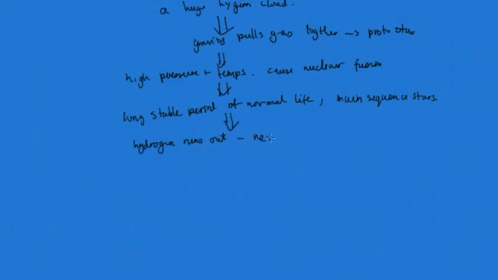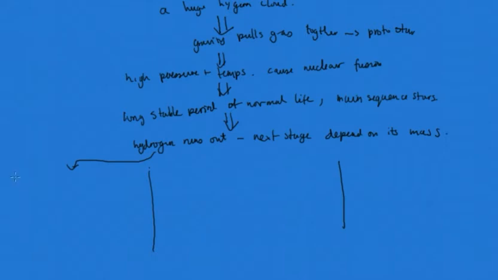And the next stage depends on the mass. So we've got 3 stages that the star can enter into.